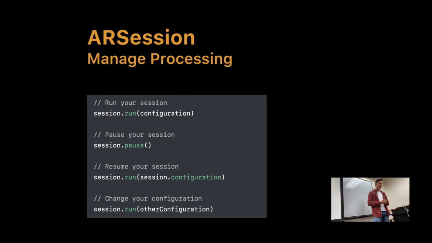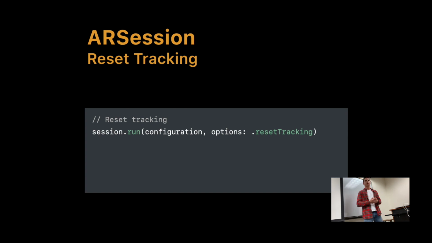Then we run the same command with the same configuration object if we want to resume the session. If something unexpected happens during our session, we can always reset it, and it's going to start from the same position, and your position is going to update to 0, 0, 0.